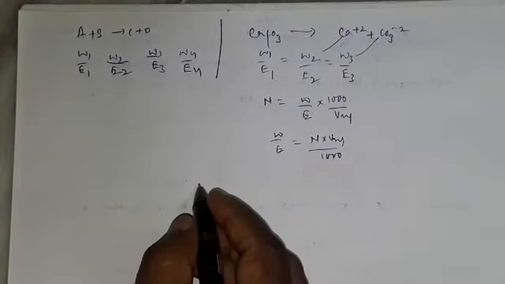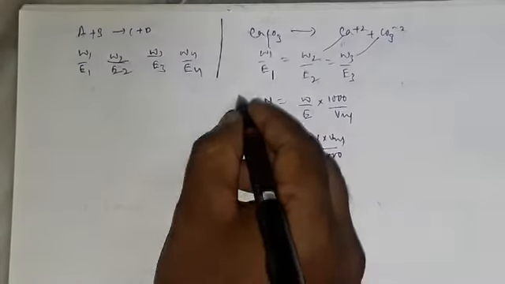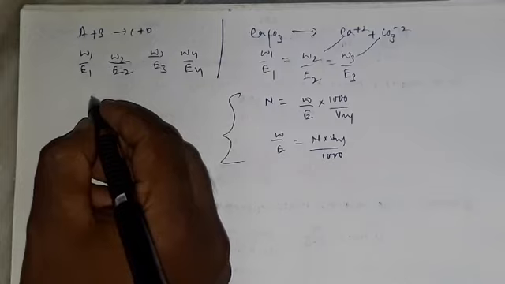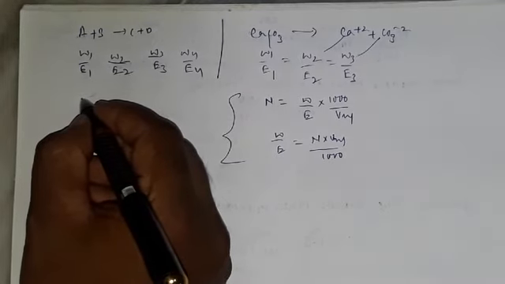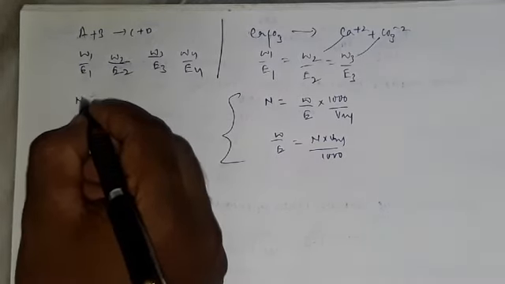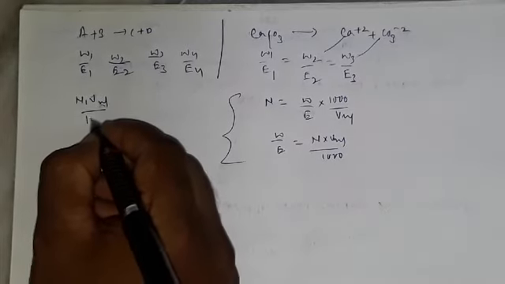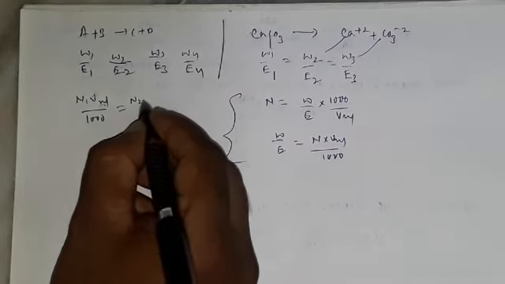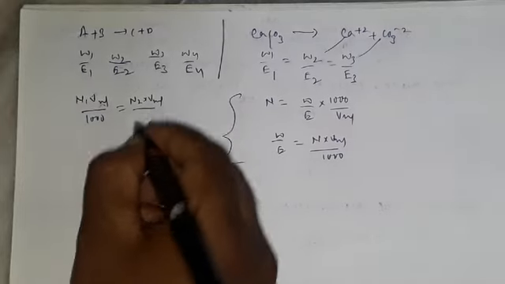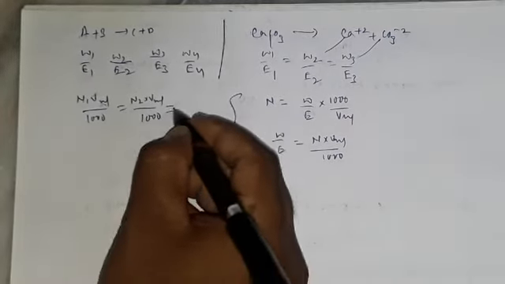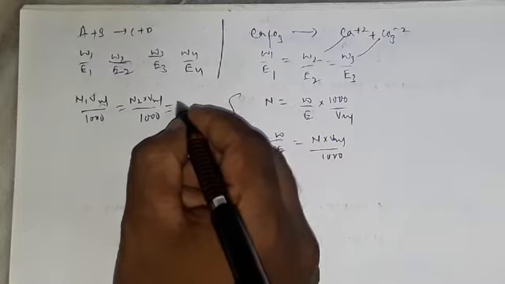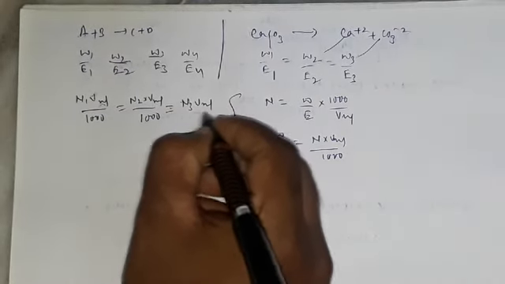So from this you can take the relation: N1 V1 by 1000 equals N2 V2 by 1000 equals N3 V3 by 1000.